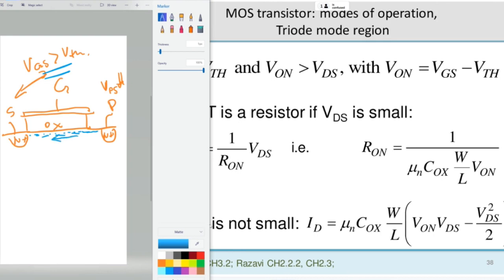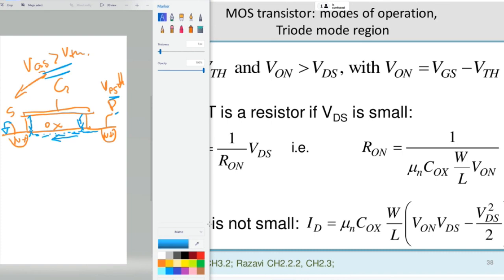Current can flow. And because the voltage at the drain side is low, for example ground, I can assume that this voltage here is approximately the same as this voltage here. So these potentials are approximately equal because the drain source voltage is small.